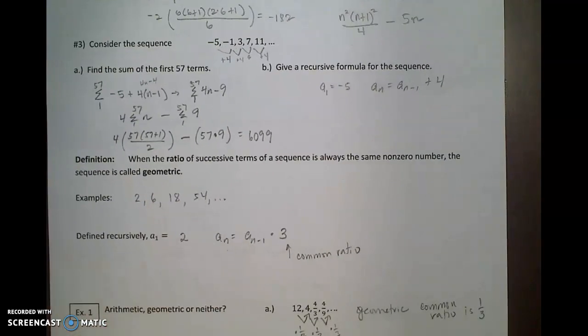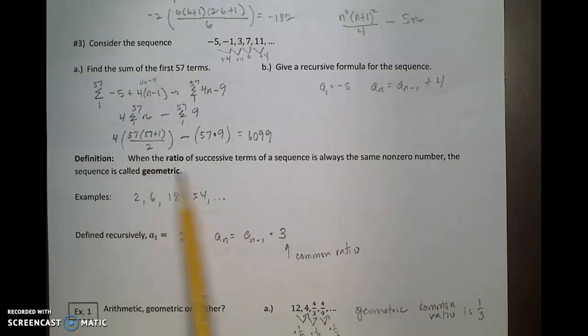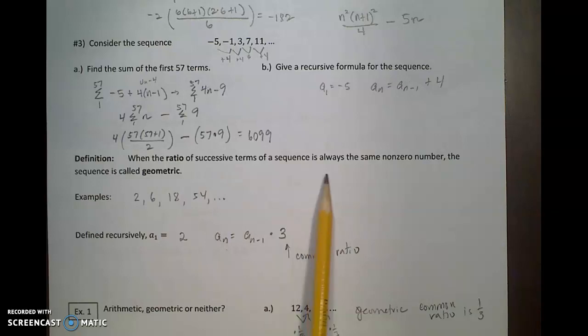Alright, so today's lesson, again, we're just going to review the concepts of the geometric sequences that you'll learn in Honors Math 1. So here we're given an example of geometric, which again, reminder that when the ratio of successive terms in a sequence is always the same number, the sequence is called geometric.